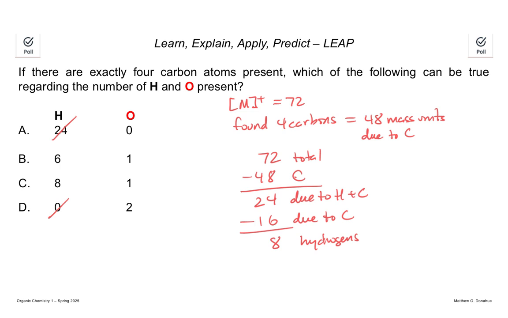So that would get us to C, because the math from choice B does not add up. So we would end up with C4H8O.